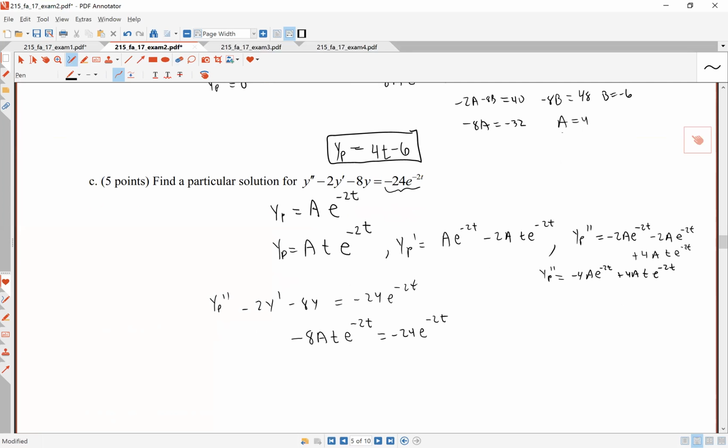Minus 2y prime is minus 2a e to the negative 2t plus 4a t e to the negative 2t, and then yp double prime is negative 4a e to the negative 2t plus 4a t e to the negative 2t.